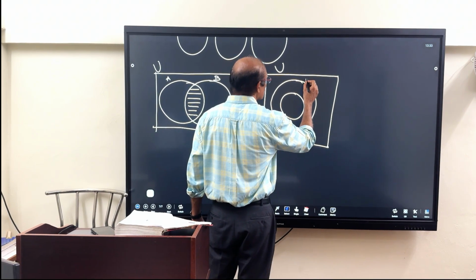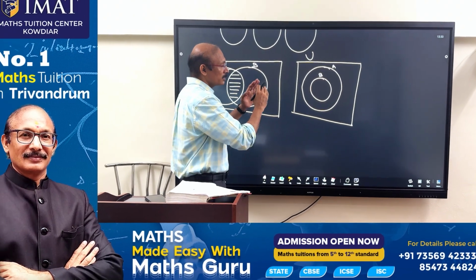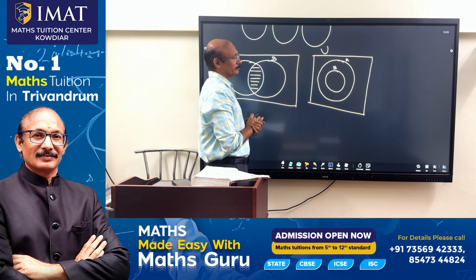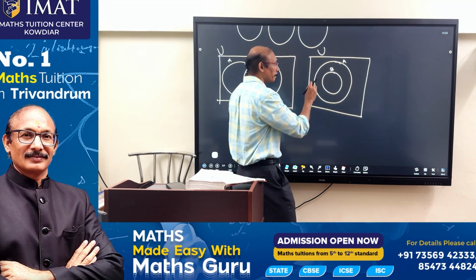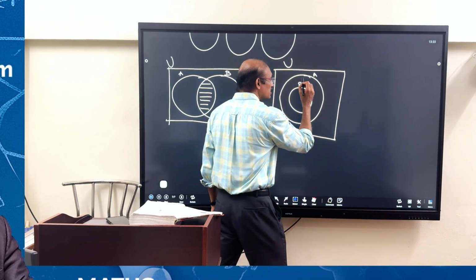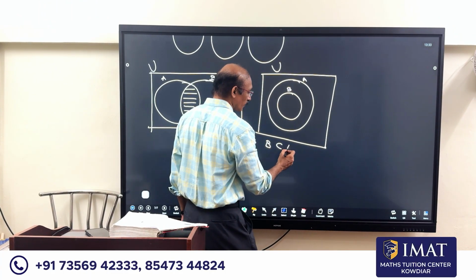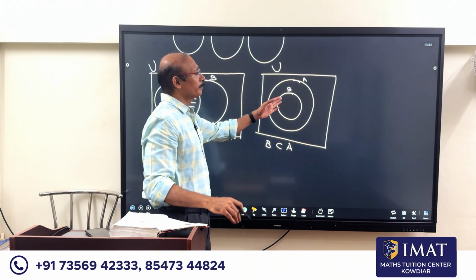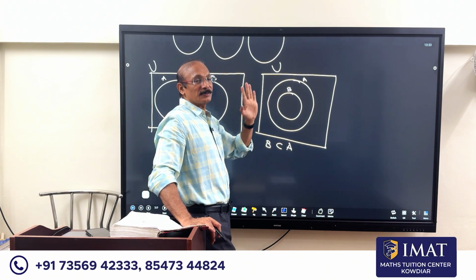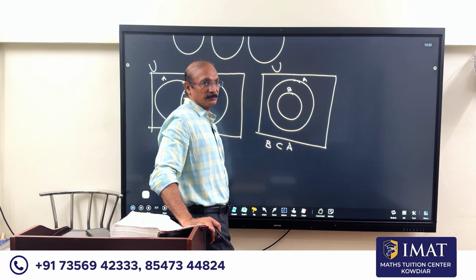So if I say this is set A and this is set B, it is very clear that set B is completely inside set A, which means B is contained in A. You can say now B is a subset of A. So B is a subset of A because B is completely contained in A. This is an excellent illustration of a subset.